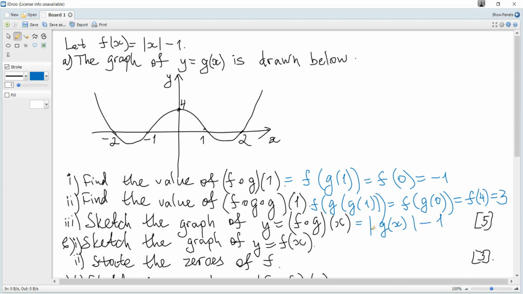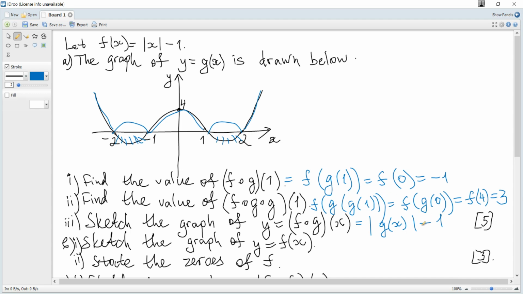We need the part of the graph corresponding to negative values of y to be reflected about the x-axis, so the graph of the absolute value of g of x looks like this, and the positive part for y values is the same.